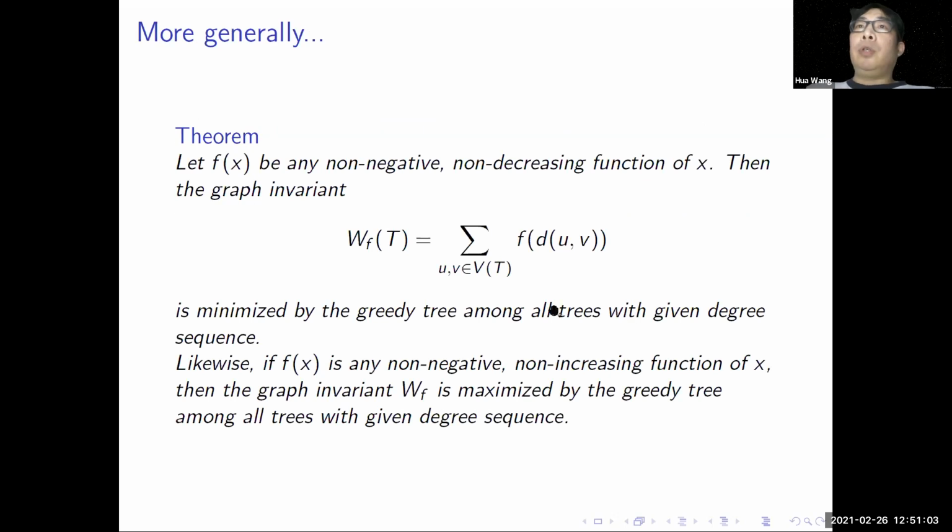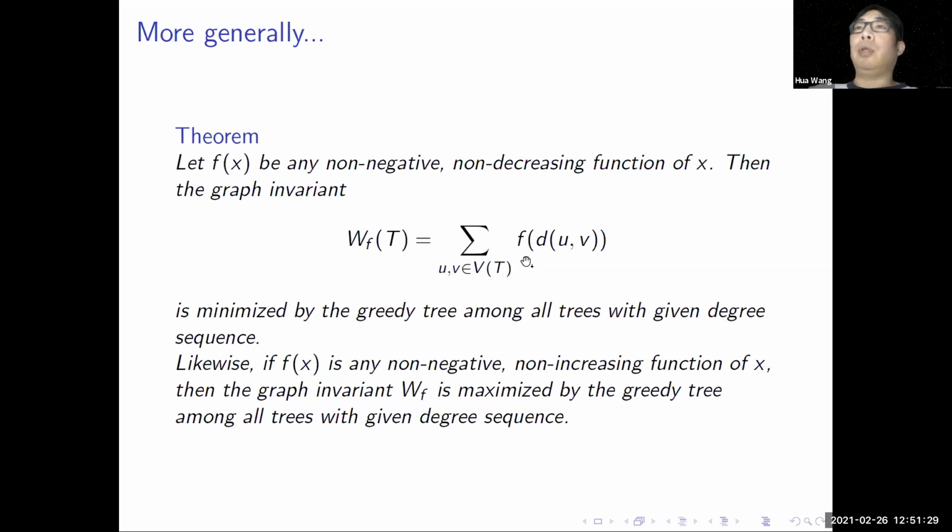So the invariant is this, and this is defined as the sum of a bunch of values when a function was applied to that distance. And when I said increasing, I probably said the wrong thing. I do that all the time. But what I meant is when this function is increasing or decreasing.